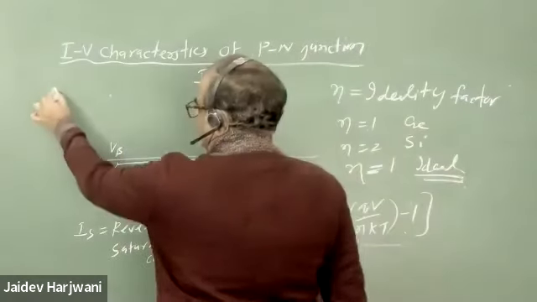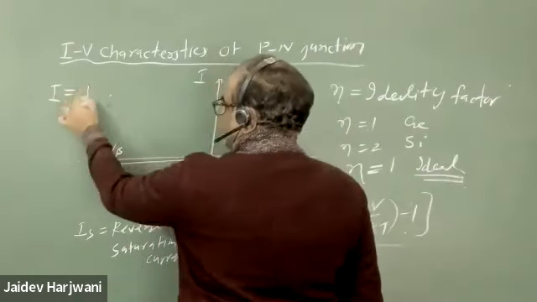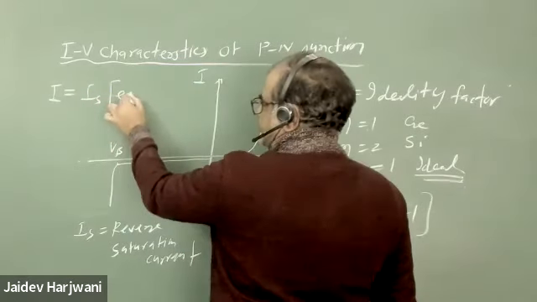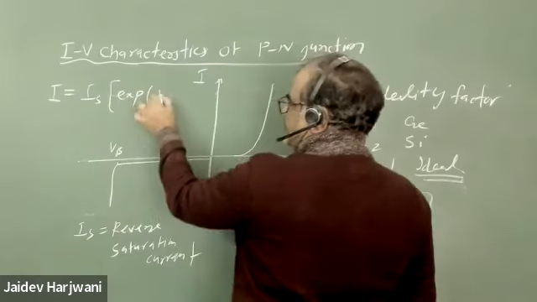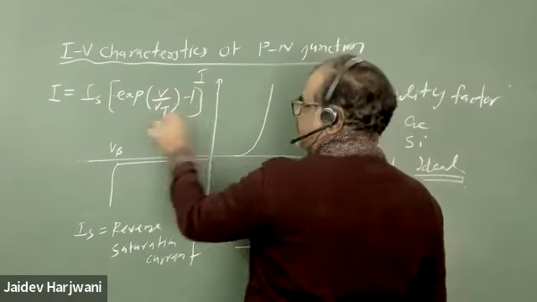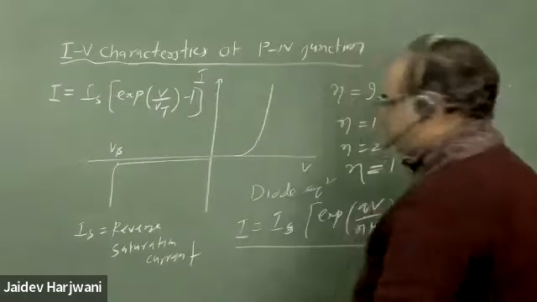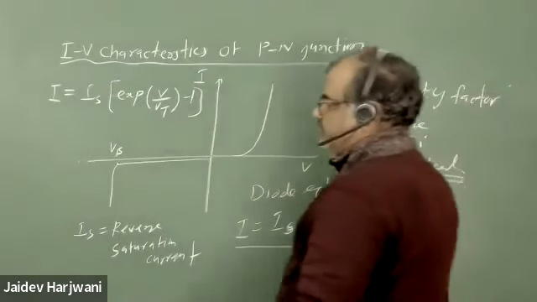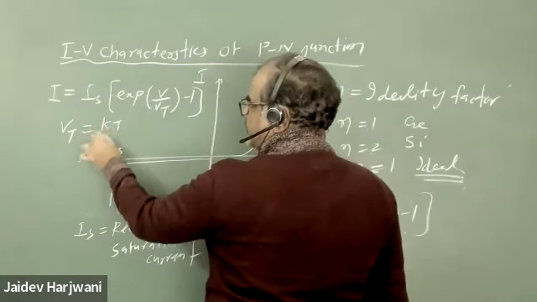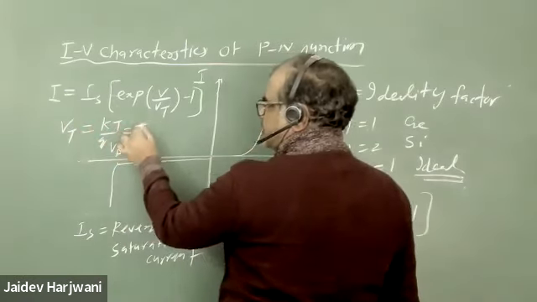Let me write this diode equation in another form. I can write it as exponential of V upon VT, minus 1, where VT is the thermal voltage. VT is KT by Q, the thermal voltage.